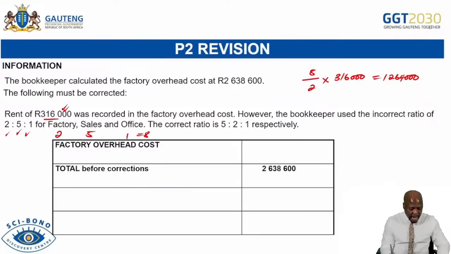Now, when I have that correct rent amount, then I can now say, 1,264,000. Then I multiply by what is supposed to be recorded, which is 5 as to 2 as to 1.